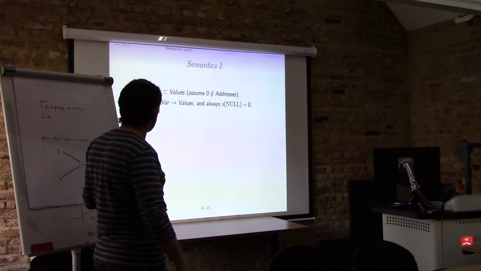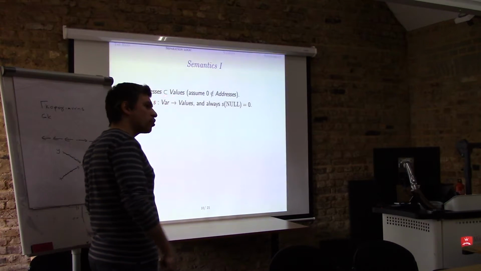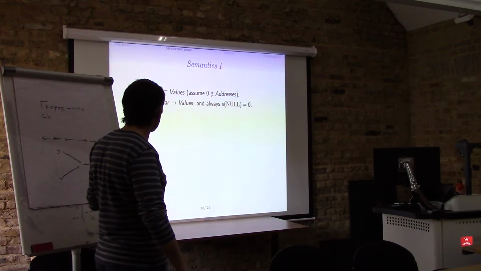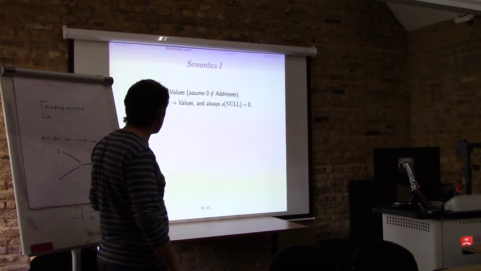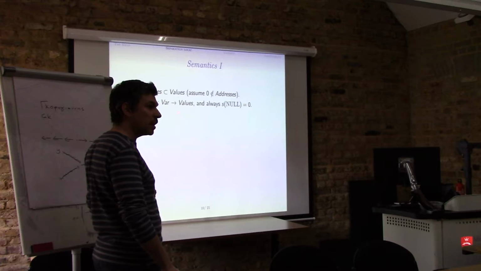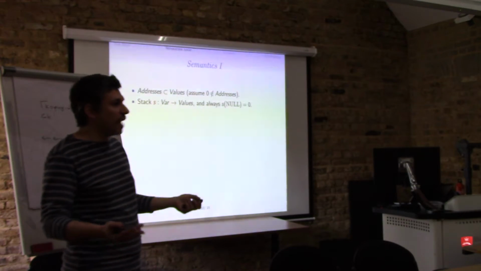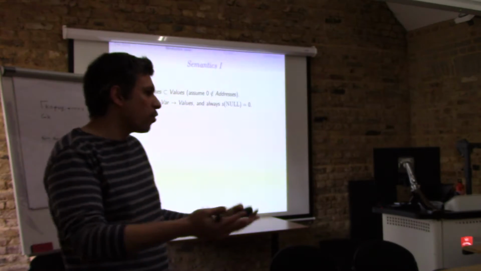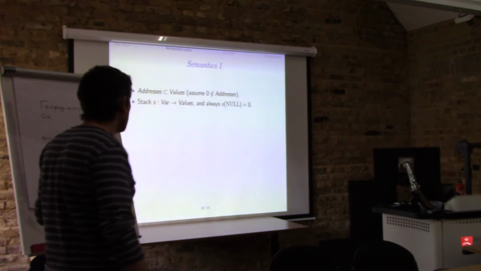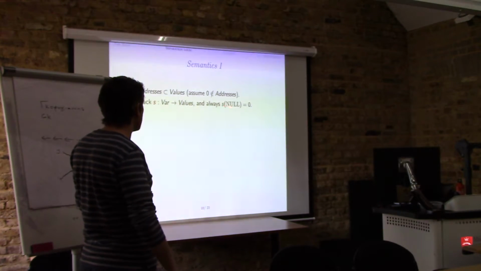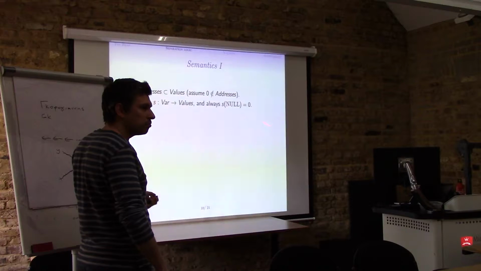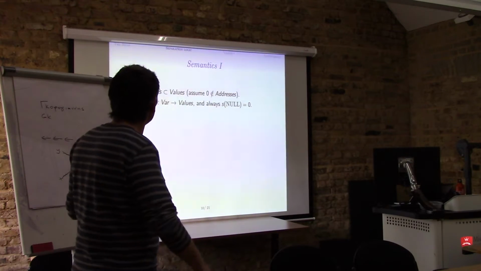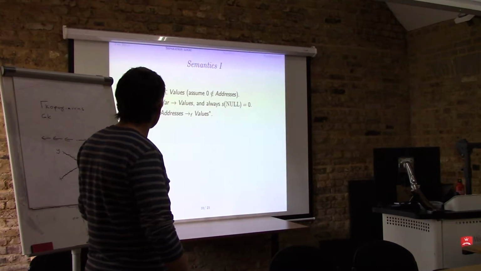Then we use something called a stack or a store, which is a very old invention, and it's basically something that interprets program variables. It takes a variable and tells us what value it has at a particular program state. And we also fix that the interpretation of the null constant is 0. Just standard stuff.